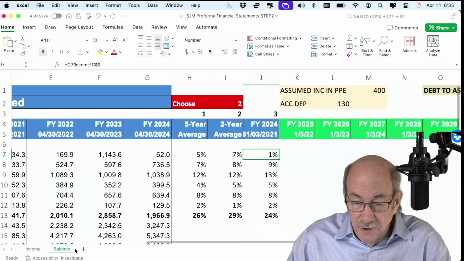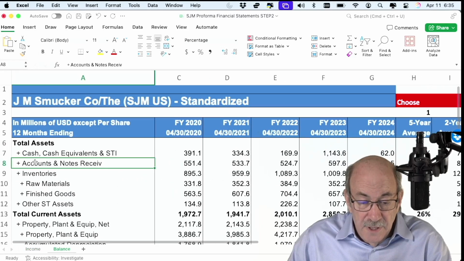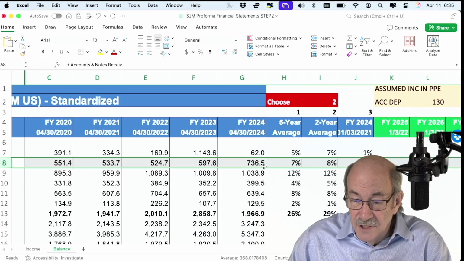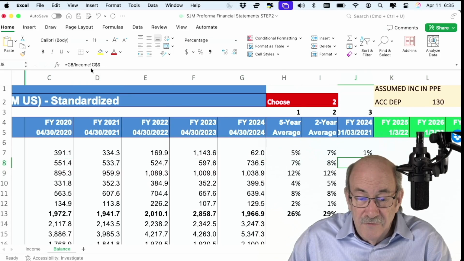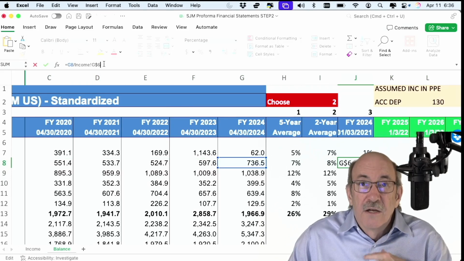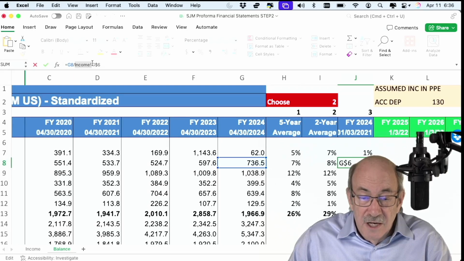And I'm doing a similar thing for the accounts receivable here. I've got in row 8 accounts receivable, and it's 736.5. And I'm dividing that 736.5 by the revenue on the income statement. So again, there's that income statement with an exclamation point, and then G6.